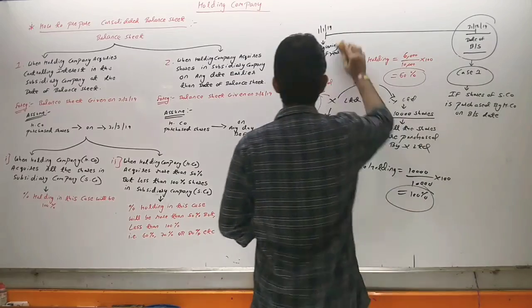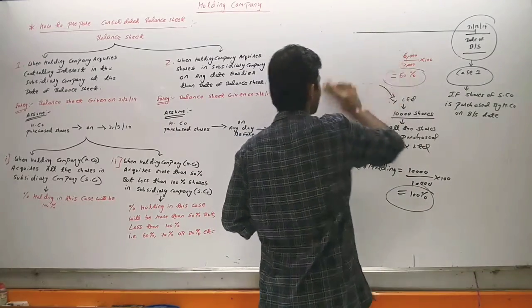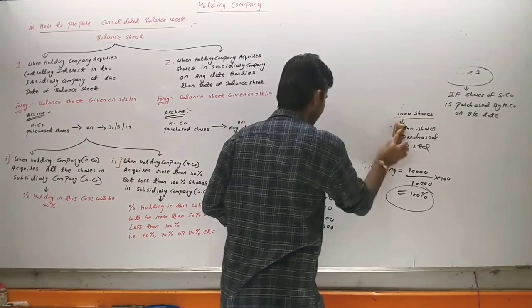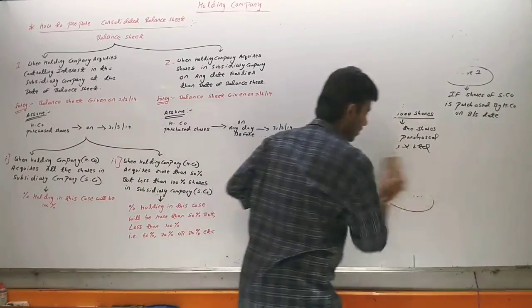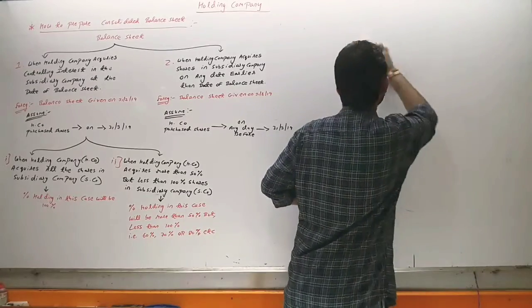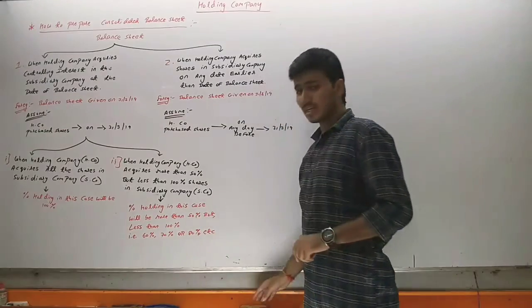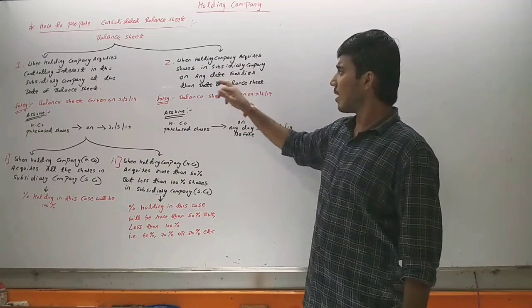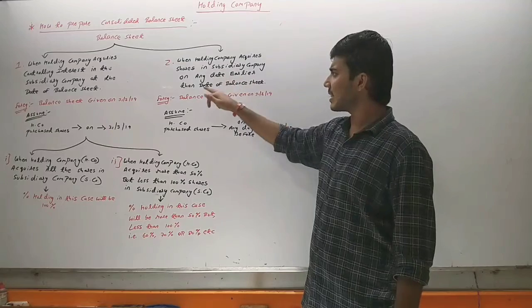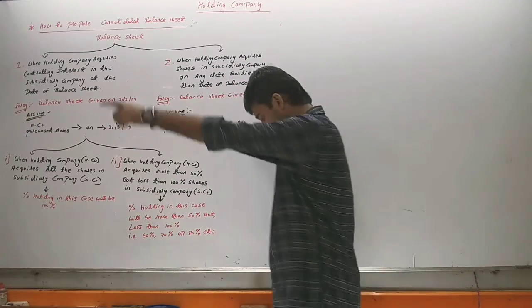Now what does case 2 say? First I will run this and I will explain case 2. Case 2 says: when the holding company acquires shares in the subsidiary company on any date earlier than the date of balance sheet.